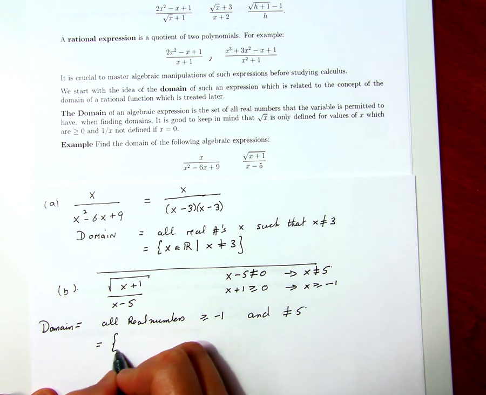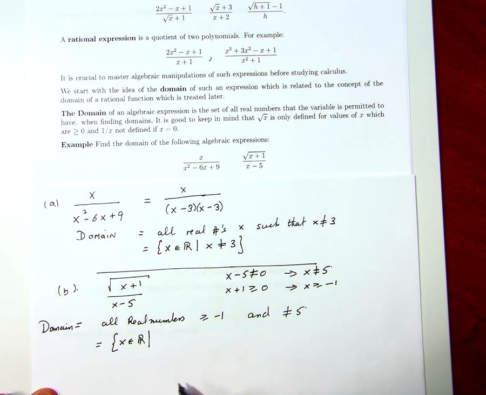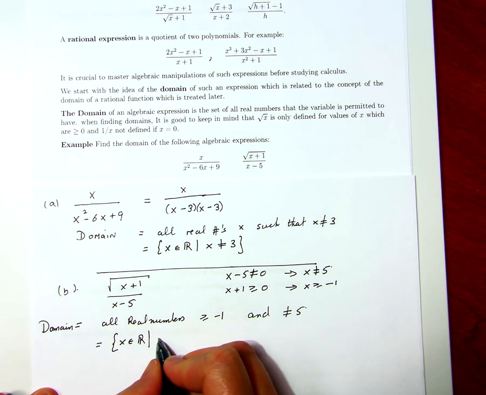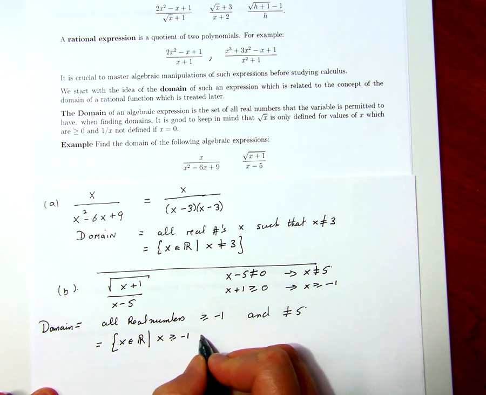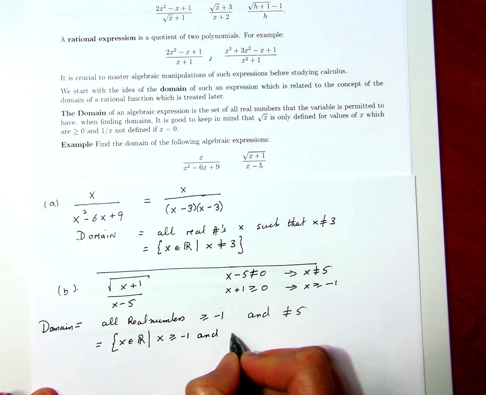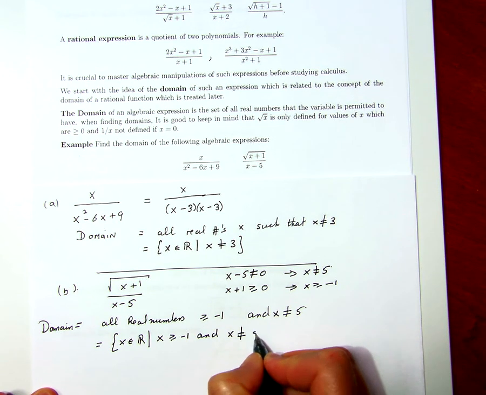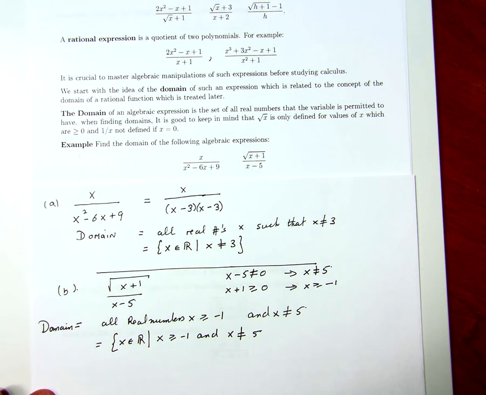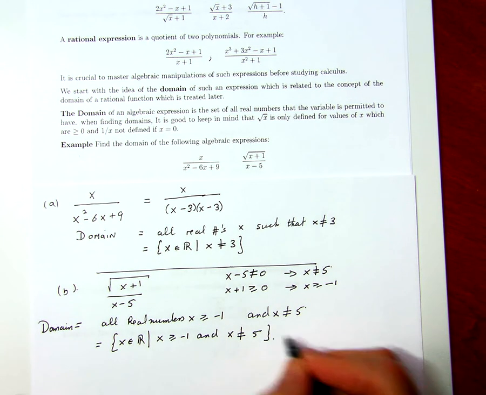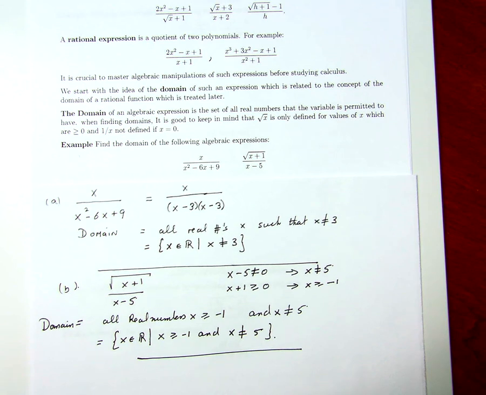And if I want to write that in set theoretic notation, that's x an element of the reals such that x is greater than or equal to minus 1 and x is not equal to 5. And that gives me a complete description of the domain of this algebraic expression.